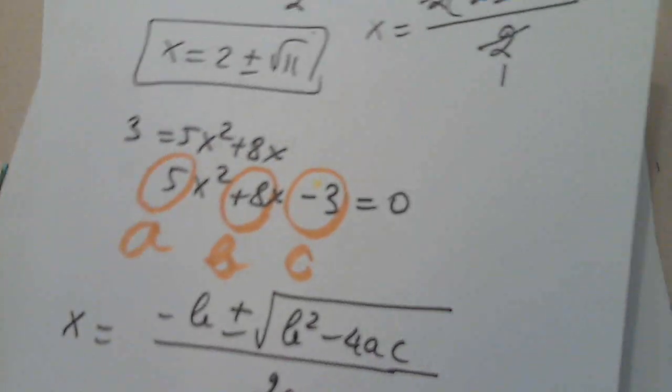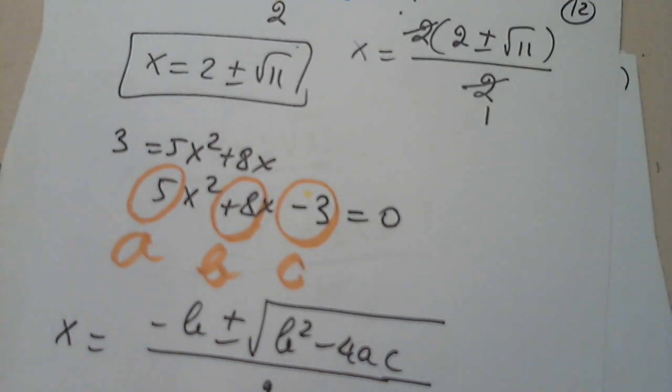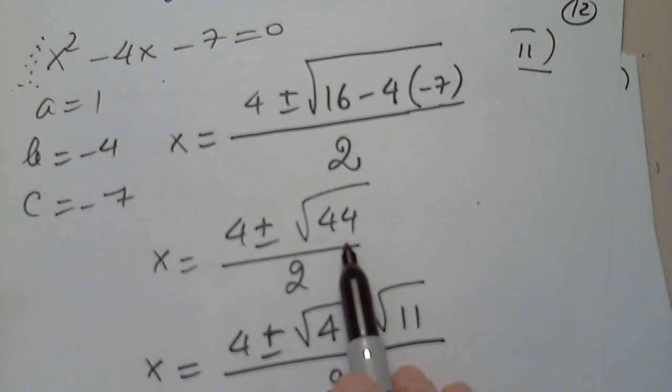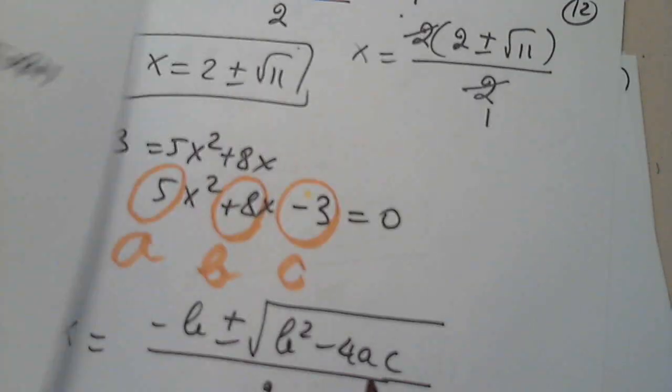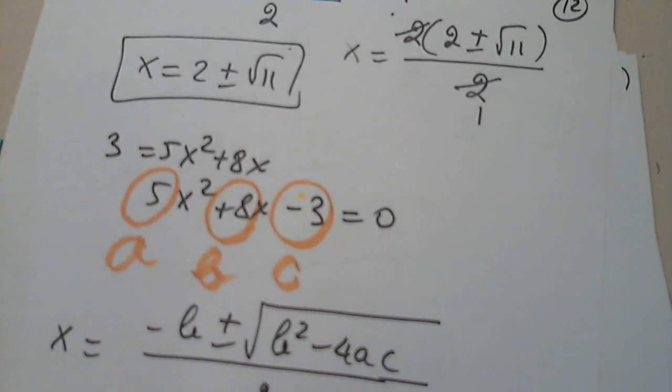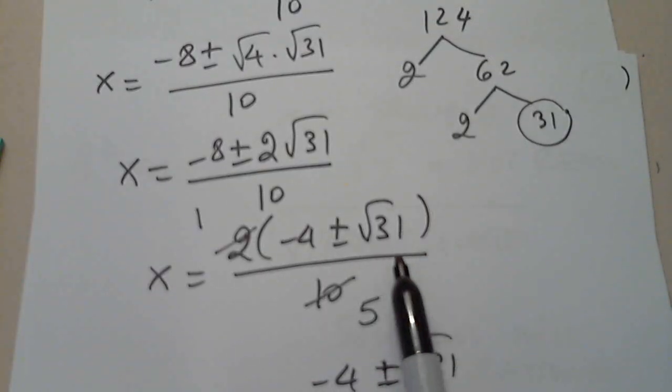In both situations that we had, the square root of 44, there is still a radical left. So this is not rational. In the next situation that we looked at, we still had the square root of 31, not rational.